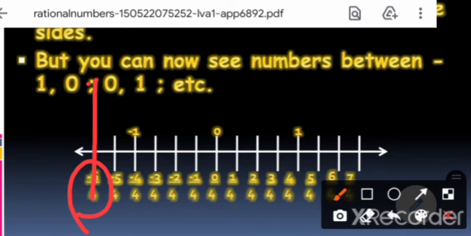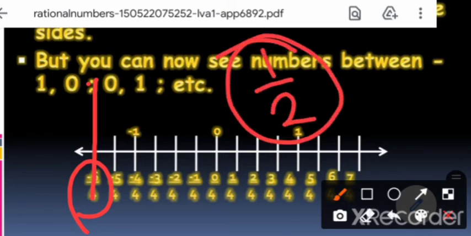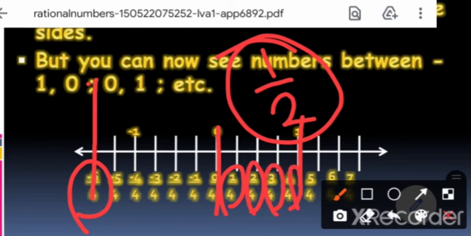Now you can see the numbers between 0 and 1. If we take 1/2, how do we represent 1/2? Divide into 4 parts: 0/4, 1/4, 2/4, 3/4 and 4/4, where 4/4 is 1. So 2/4 means 1/2, and that is the representation of 1/2 on the number line.